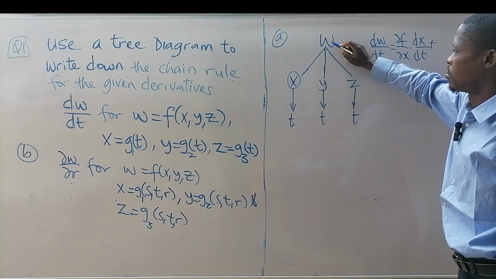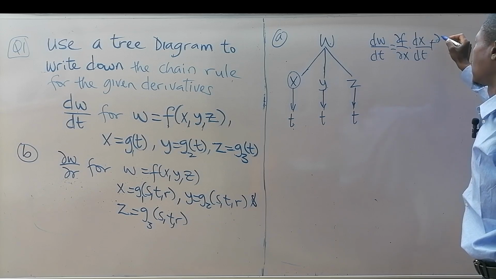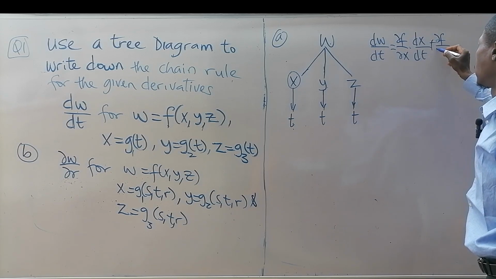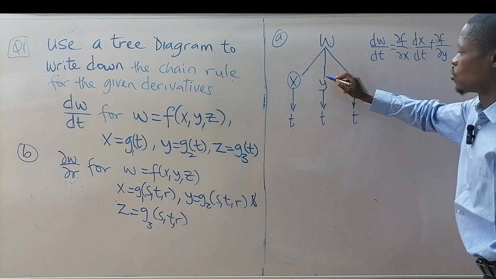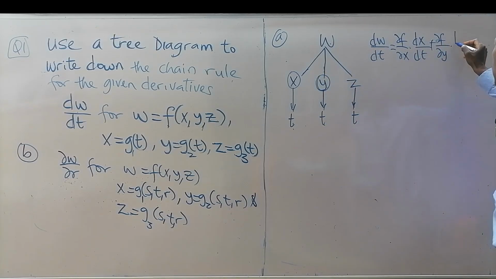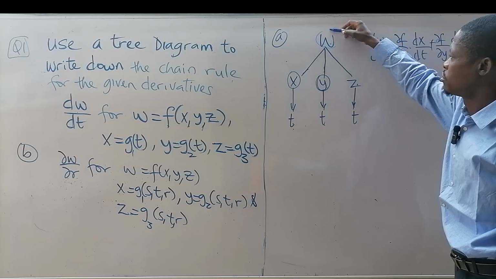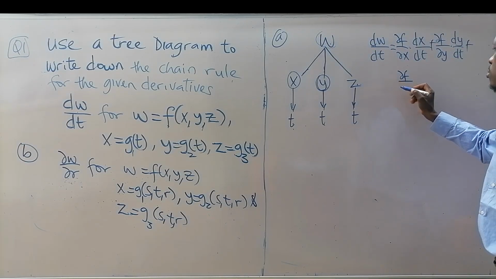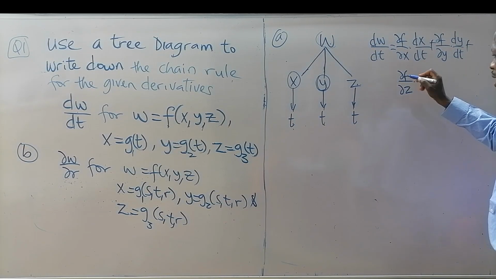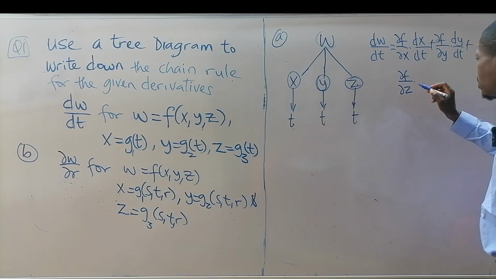Differentiate w partially with respect to y, and that will be del f del y. And this y is a function of just one variable, that's t. And that will be dy dt. And then plus the last one, z, you are differentiating w with respect to this function, and then times, this z is a function of just one variable, and that would be dz dt.